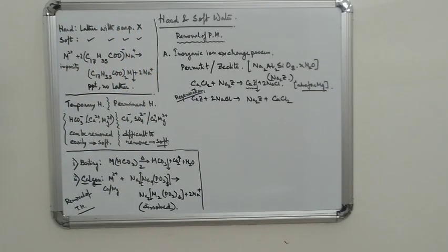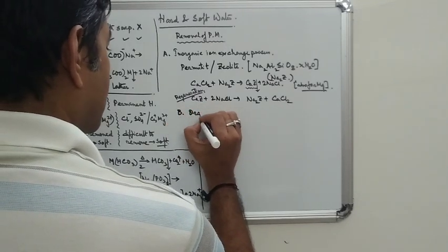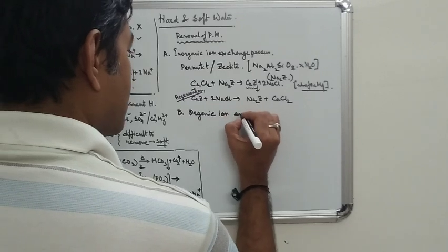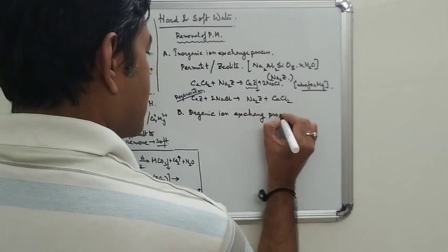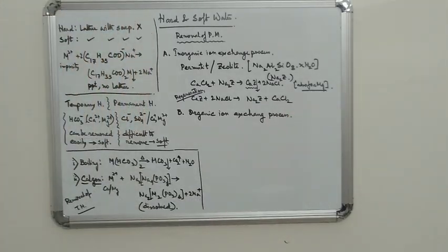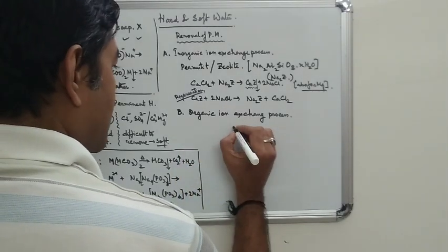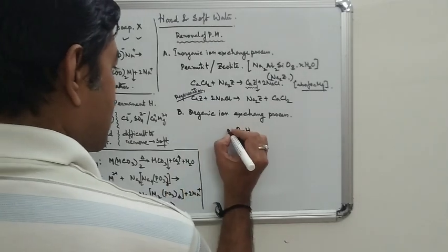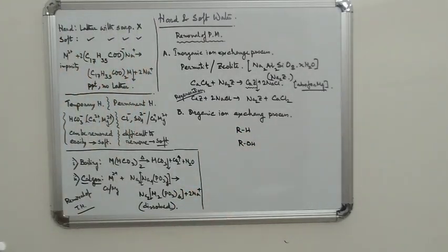Whereas in the organic ion exchange process, we will use resin. RH can be a cation exchange resin and ROH can be an anion exchange resin.